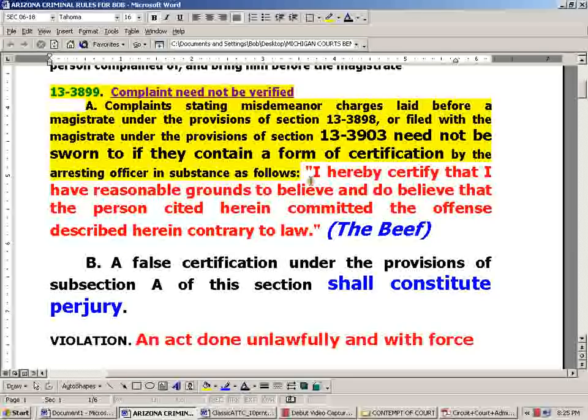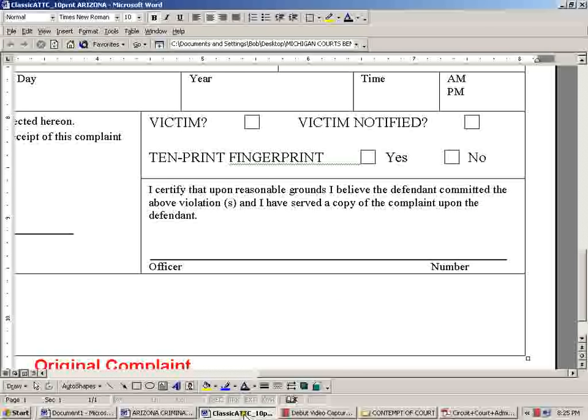So this, I hereby certify that I have reasonable grounds to believe and do believe that the person cited herein committed the offenses described herein contrary to law, is nothing like what it says on the form. Then, that didn't say anything about serving the paperwork on the complaint on the defendant. I certify that upon reasonable grounds I believe the defendant committed the above violations.